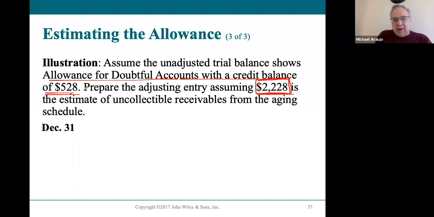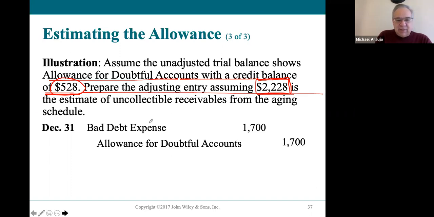So you can't write this amount off twice. You wrote that off the previous year. So you can only write off the difference. So your bad debt expense actually becomes the difference between what's already in the account and what you want the account to be. Okay. And that's based on the aging.